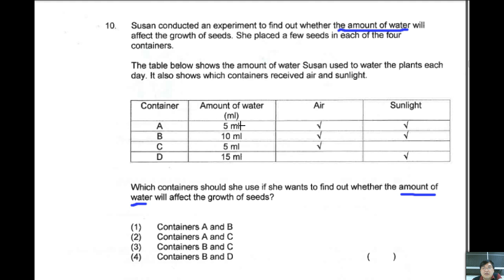Neither can it be, for example, B and D. Although the amount of water is different, 10 and 15, over here it has air and sunlight, but over here it doesn't have any air, only sunlight. So the obvious answer is number 1, containers A and B. Let us continue from here.